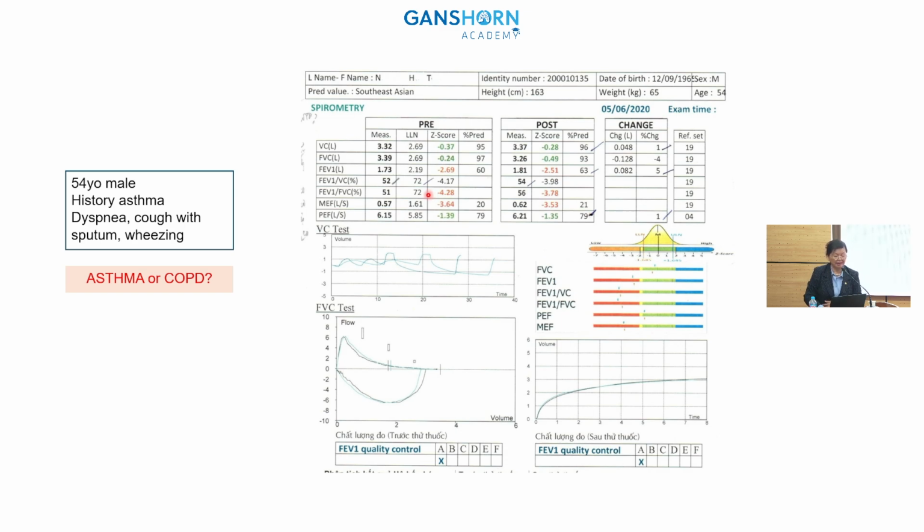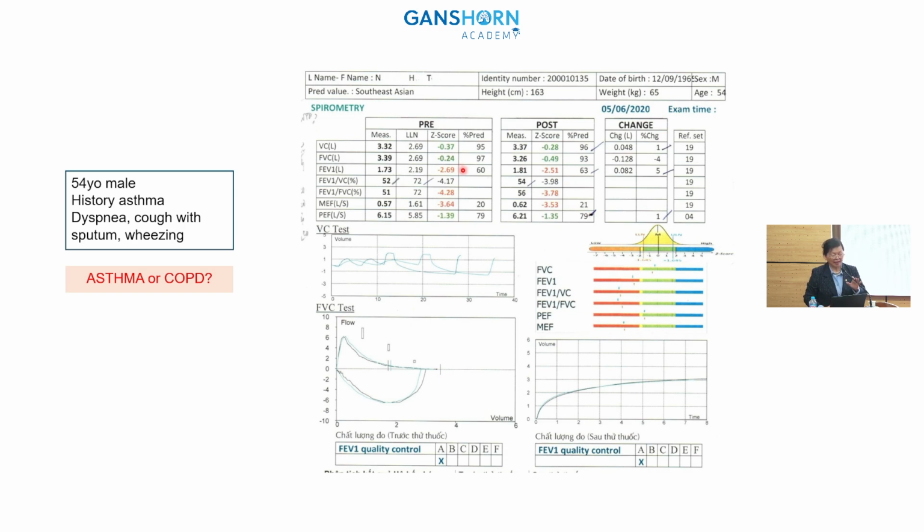Yes, there is obstruction. And how about the severity? FEV1 is mild. No, it is moderate, less than 2.5. Yes, it is moderate.